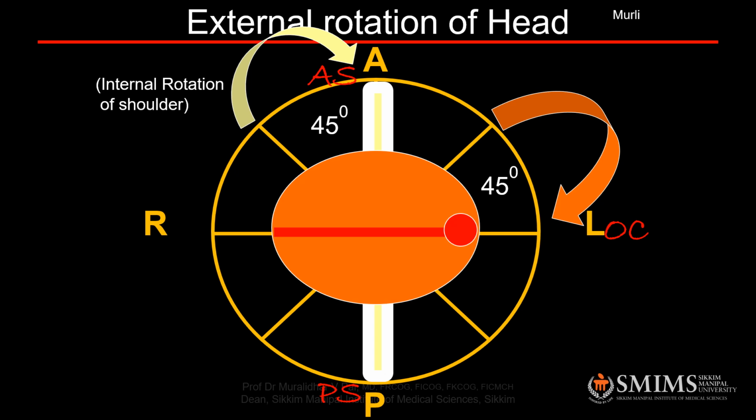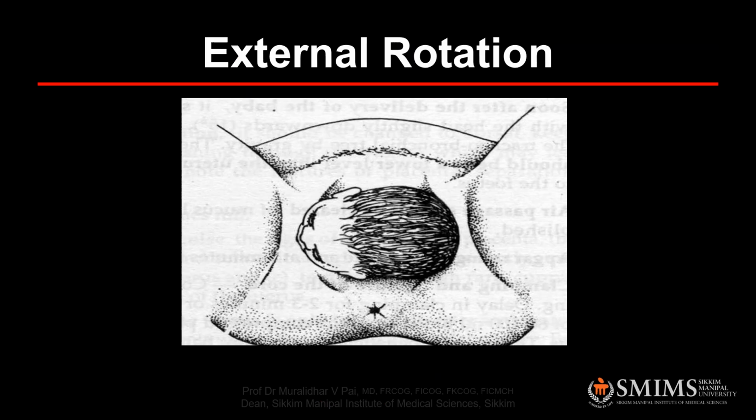That is called external rotation of the head, which corresponds to the internal rotation of the shoulders. When the head rotates externally, the baby's face directly faces the right thigh of the mother.